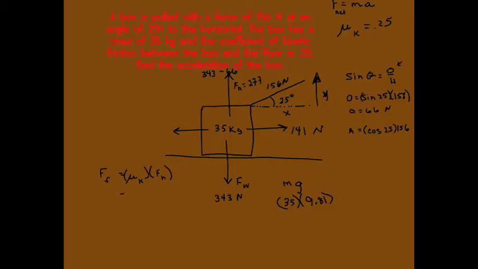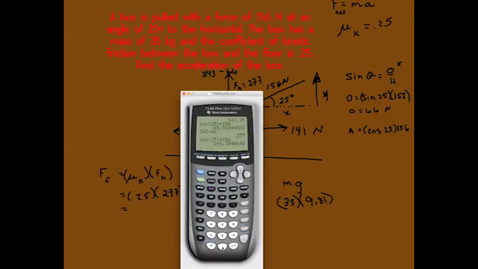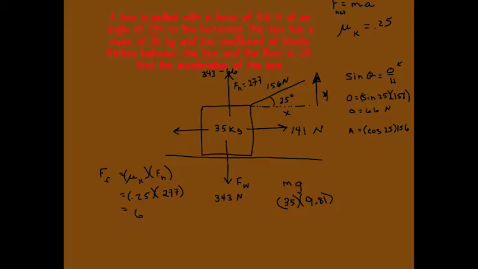So we're going to do 0.25 times 277, which is 69 newtons in this direction.